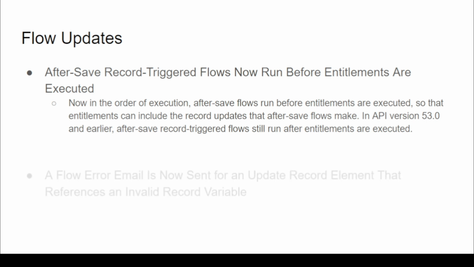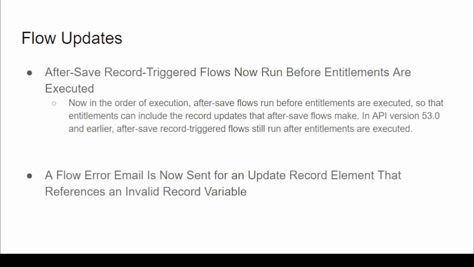Okay, so moving further, in flow there is again a new thing: a flow error email is now sent for an update record element that references an invalid record variable.